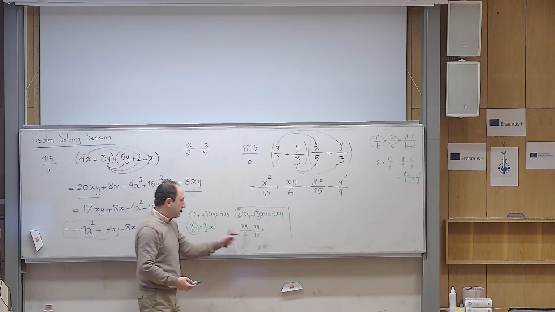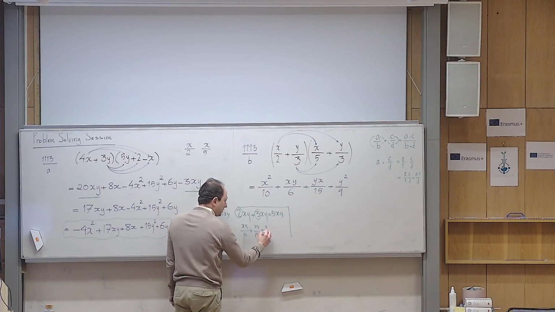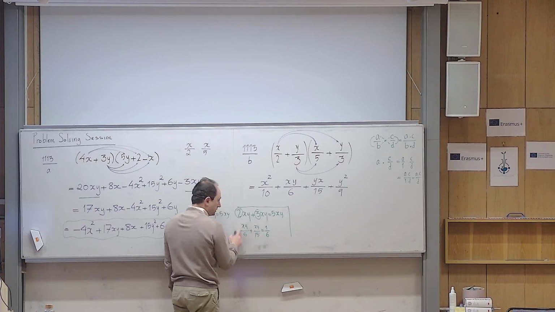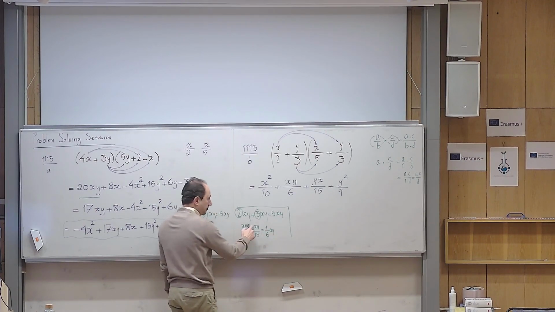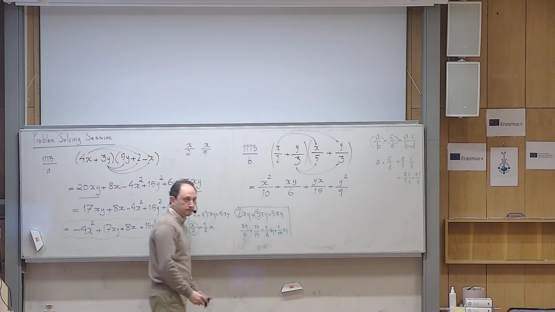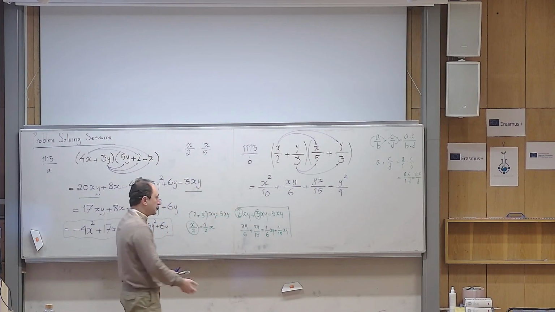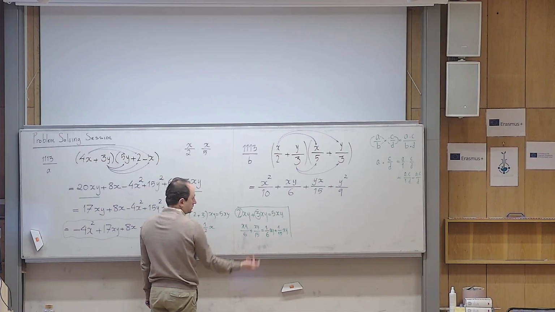Now if I ask you what the coefficient is here, in principle, you should write it in your head like this: 1 over 6 times xy. And xy over 15 means 1 over 15 times xy. So let me ask you again, what is the coefficient here? 1 over 6. What's the coefficient here? 1 over 15.